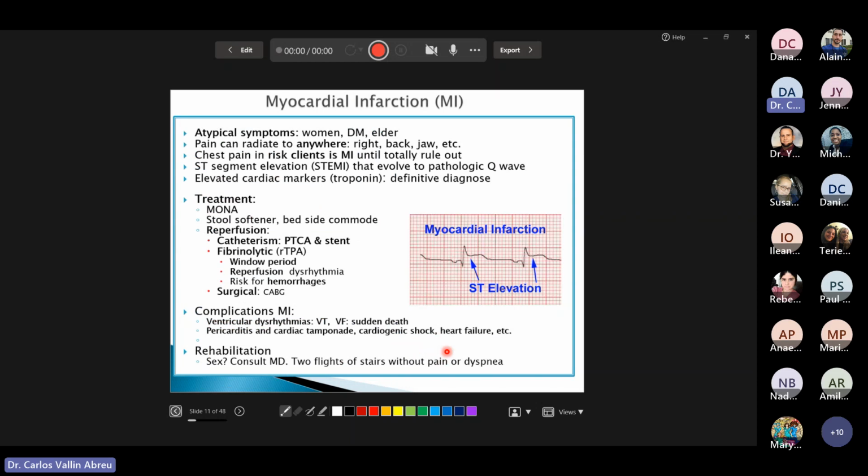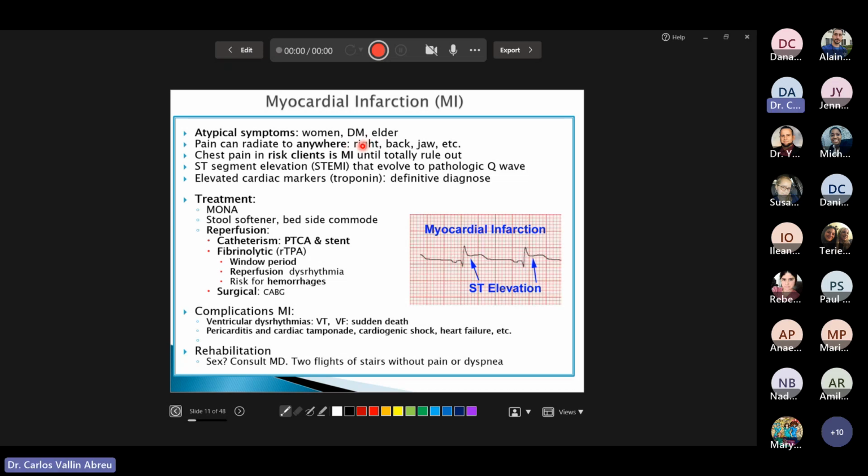This tends to occur at rest, and this will typically produce chest pain. The chest pain is very diffuse, difficult to localize, and tends to radiate to any part of the body. It tends to radiate to the neck, to the jaw, to the maxilla.